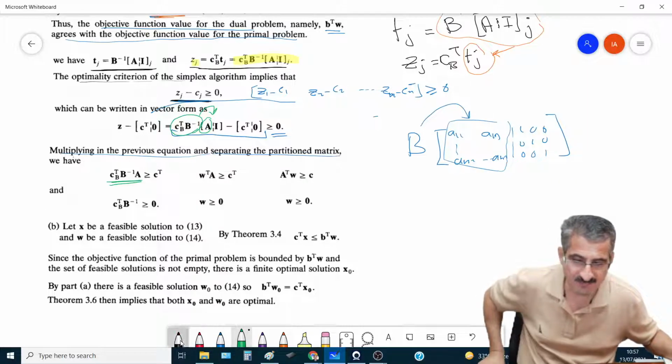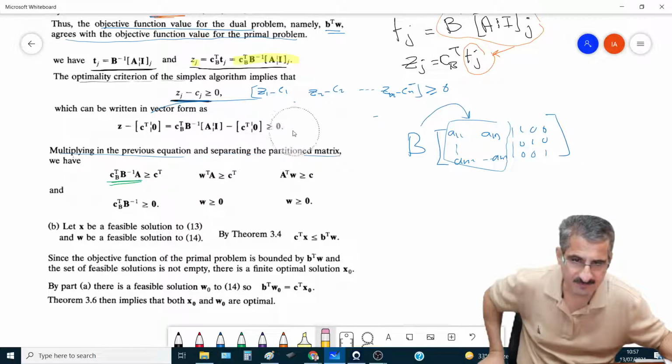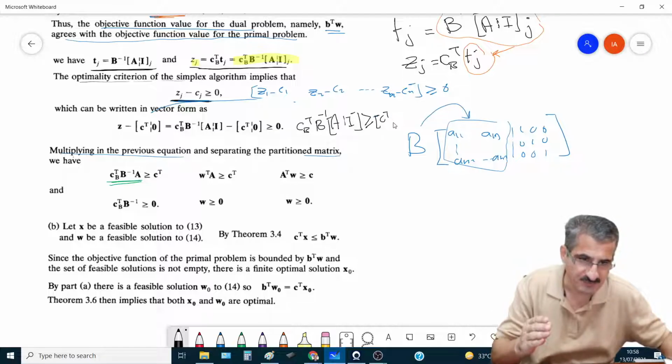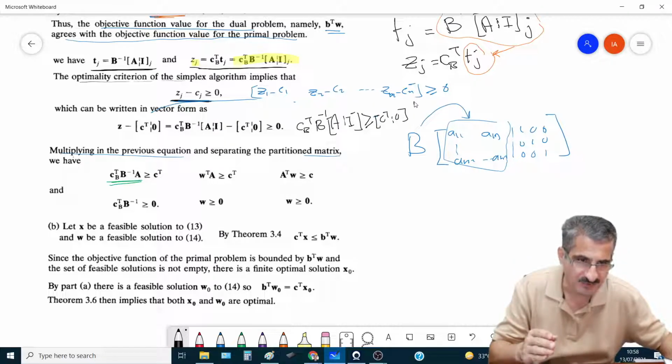And we have this to be greater than or equal to 0. That means we have CB transpose B inverse times A is greater than or equal to C transpose. I just moved C transpose and 0 to the other side.